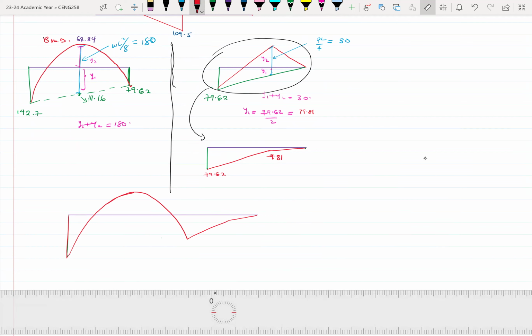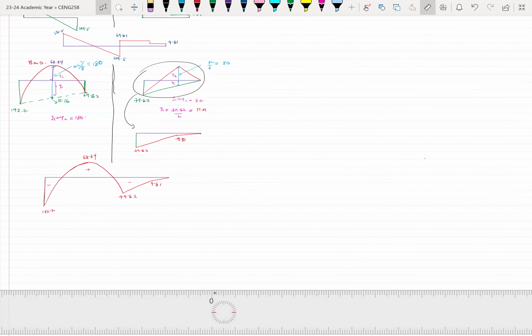So here is a 142.7. This is about 68.84. This is 79.62. This is 9.81. So this is a positive side, negative side. All right. So this is the bending moment diagram for the combined section.